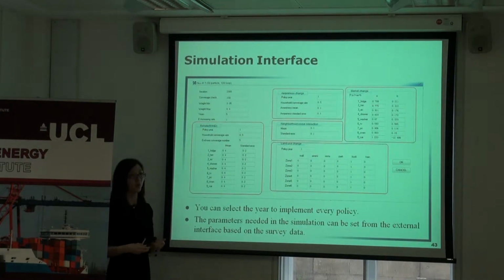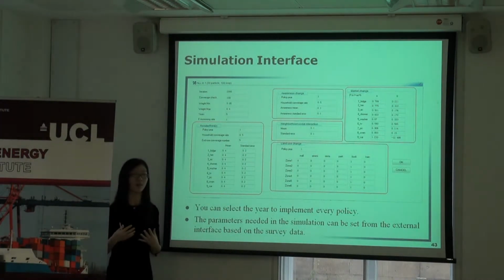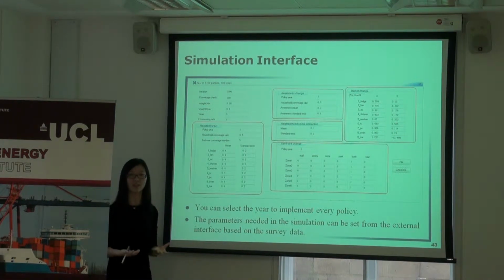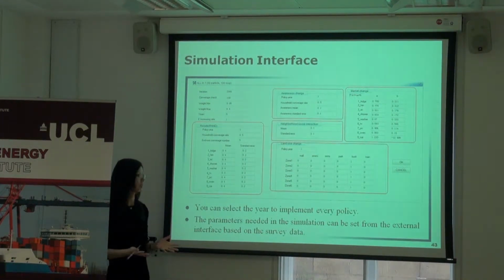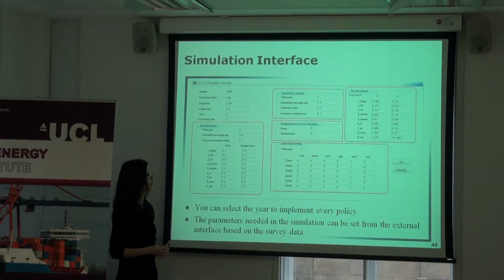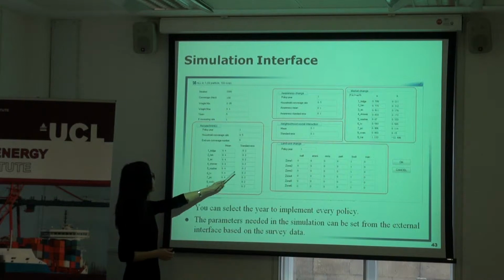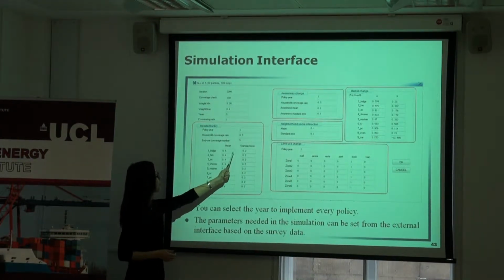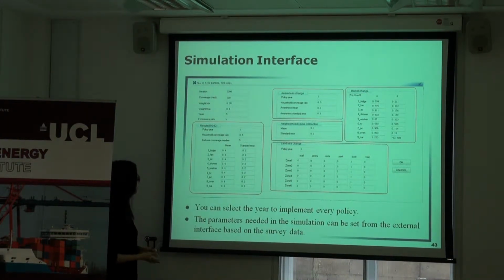And we don't know which type of end uses the household will replace. That means we don't know their efficiency choice, so we also assume an efficiency improvement rate, which follows a normal distribution. So here you can input their mean value and standard error value. Based on these assumptions, we run this simulation program.